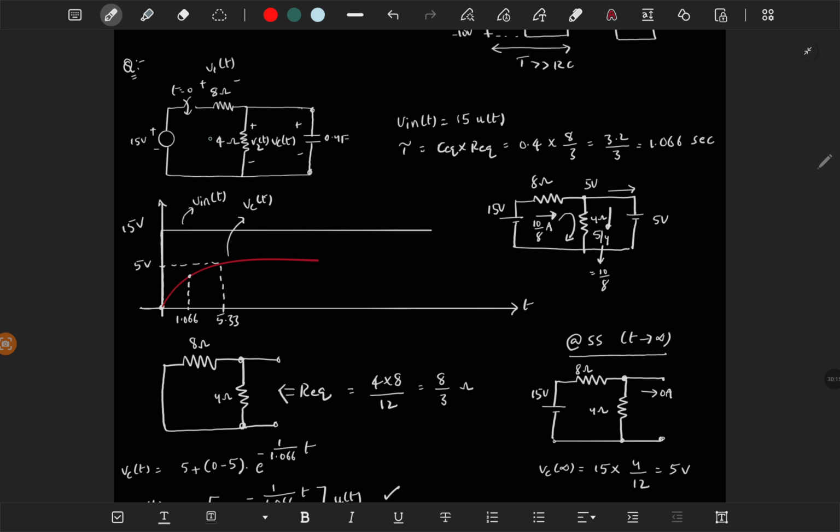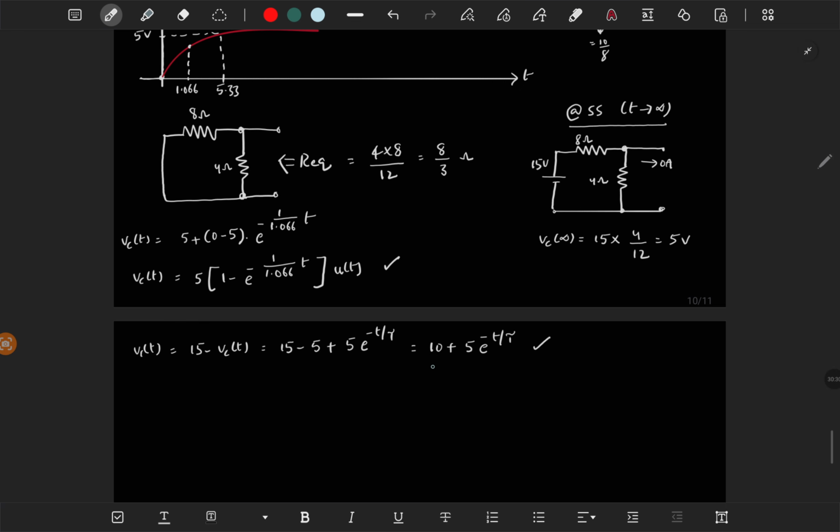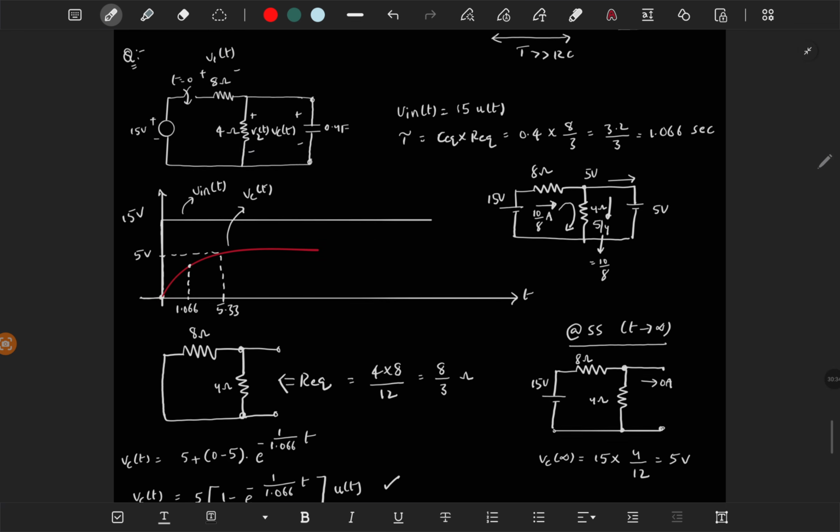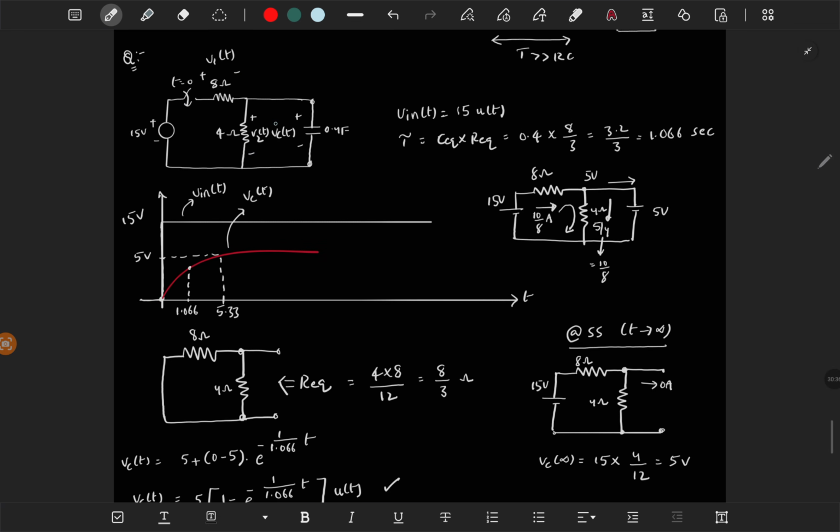Using voltage division, we already got 5 volt across this 4 ohms, so the remaining 10 volt you will get here. So the final value is 10. That is what you have got here. And what is the initial value?